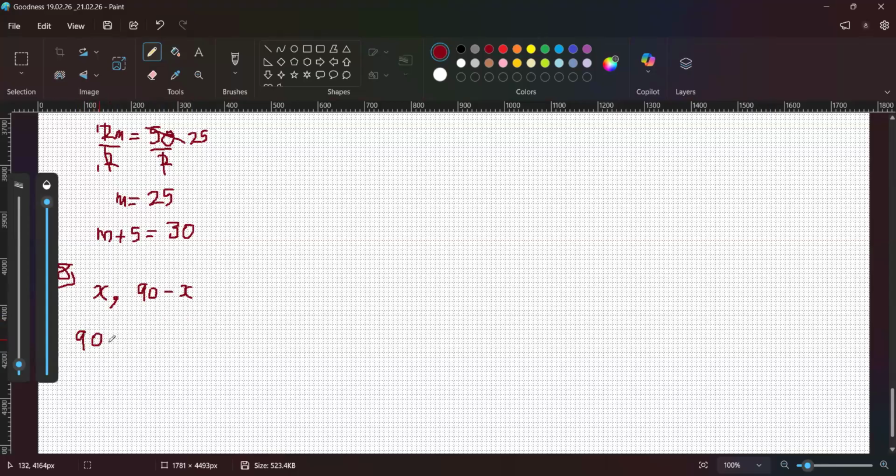So 90 minus x is one of them, minus what? x, right? Yes, sir. Equals what? 12. That's according to the question.